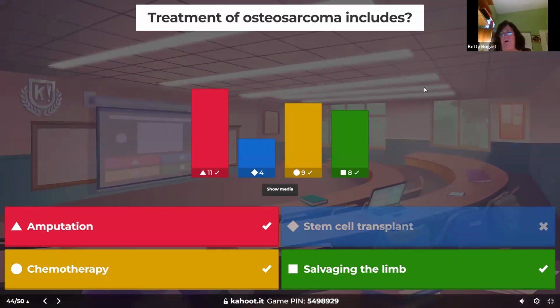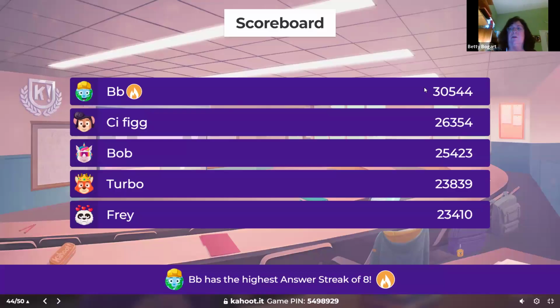The absolute goal is to salvage the limb, put the lower leg back up into the hip joint so we can put a prosthesis, and we do give chemo. There is no stem cell transplant for this. You've got to get rid of that bone. You have to do surgical removal.